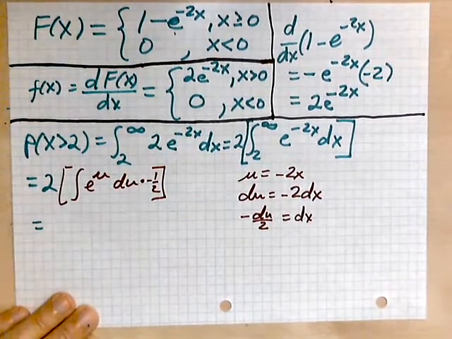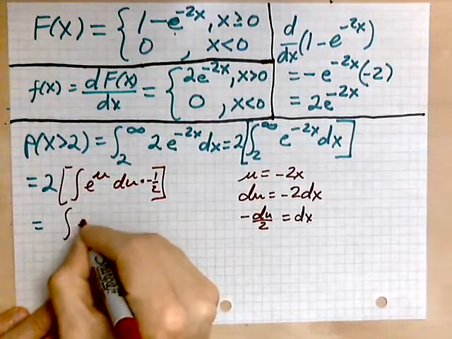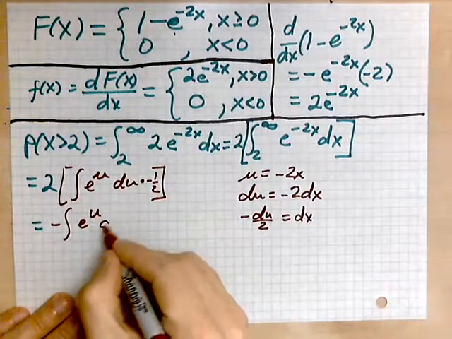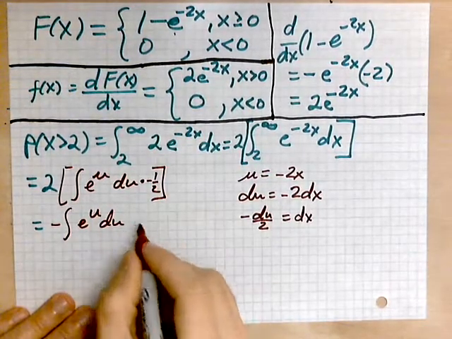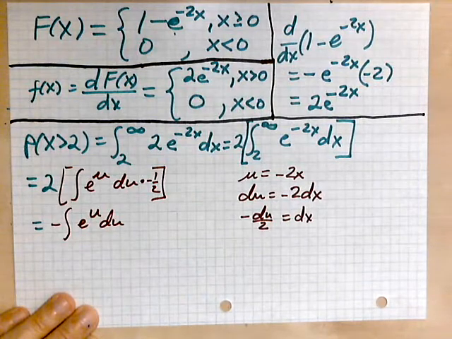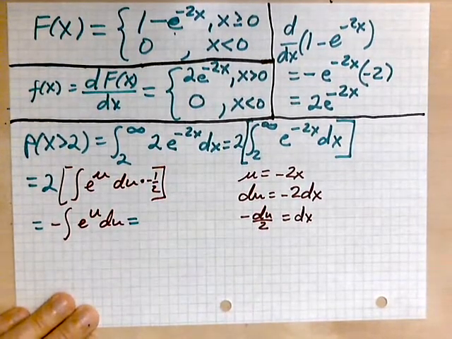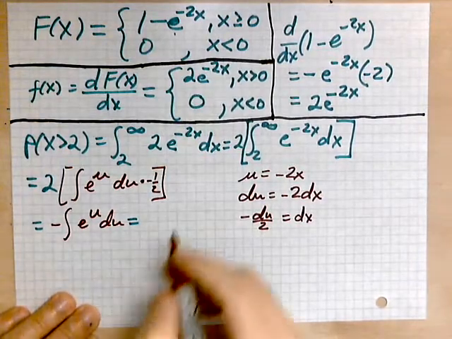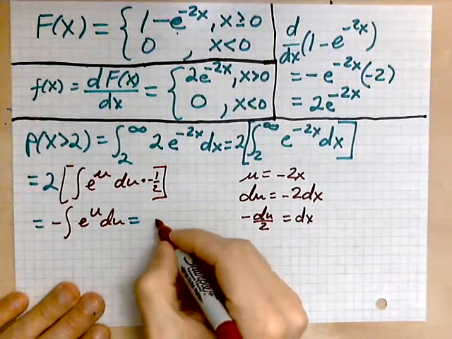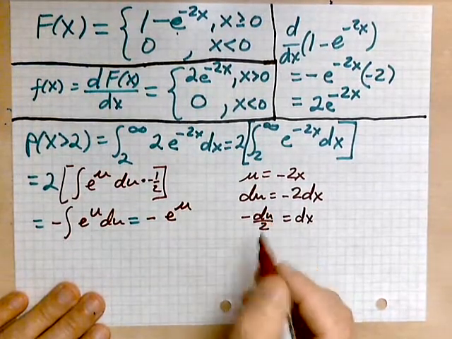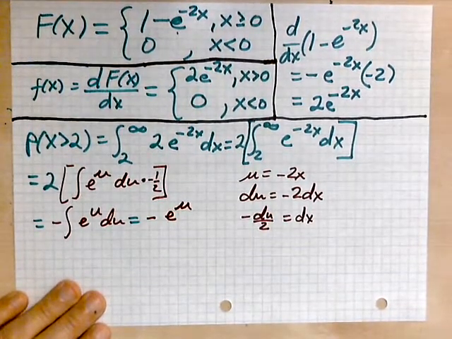So all that remains is the integral of e to the u, with a negative that does not cancel, du. Now, what is the function whose derivative is e to the u? That is itself, e to the u. So at this step we end up with negative e to the u as the antiderivative.